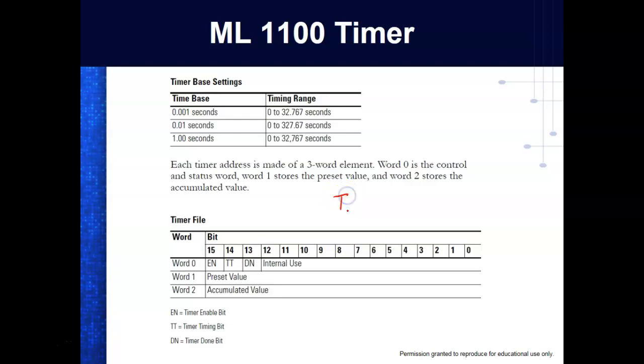I'd say T, and right now we're using what? 4. Then I'd put a what? Colon, and then I specify which timer, right? Maybe 0, and then I could put a what? A slash, and then a what? Done. Or I could say T4:0.0/15.